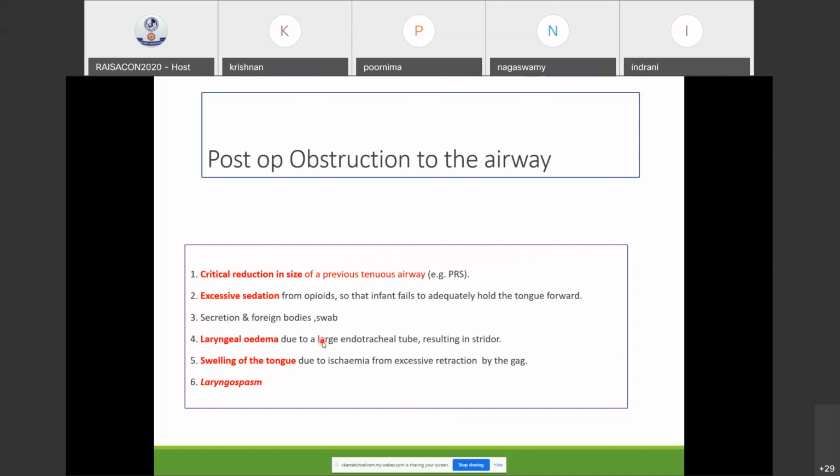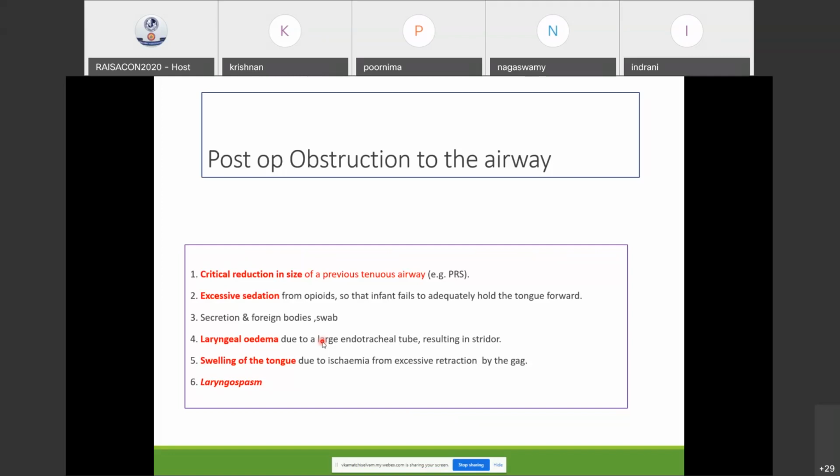The second important cause will be your sedation and all the drugs, so you'll have to take care. The most important thing they miss is cotton balls. They usually pack the raw area, and that small pack sometimes gets dislodged and may become a foreign body. So you'll have to keep watching the sound, watching for desaturation, and watch the scribe.